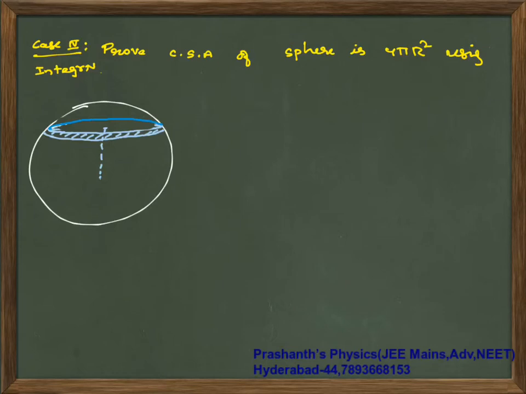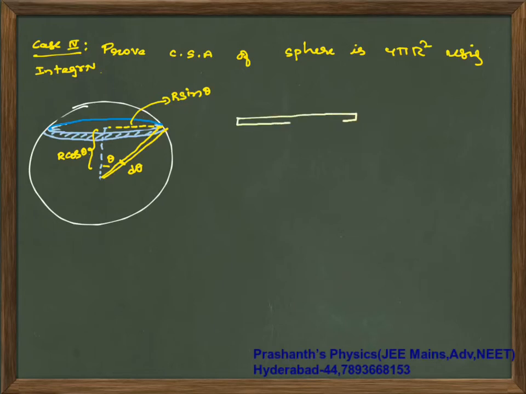Now onto this peel off layer, if I define this small angle to be theta and this is d theta, and if this radius is r, then this is r sin theta, this is r cos theta. Okay, so this peel off layer, if I cut it and stretch it like this, then this peel off layer will have a length of 2 pi times r sin theta, and this width is r d theta. So this is r d theta.